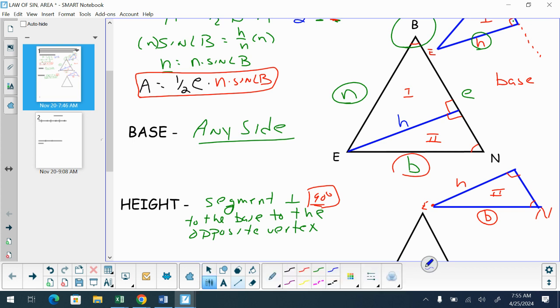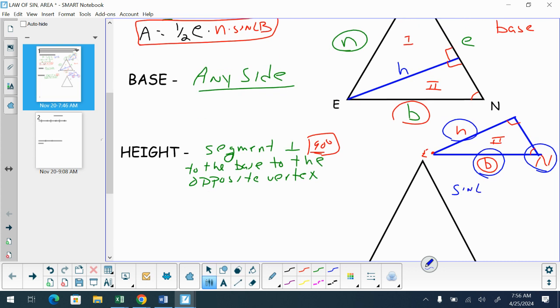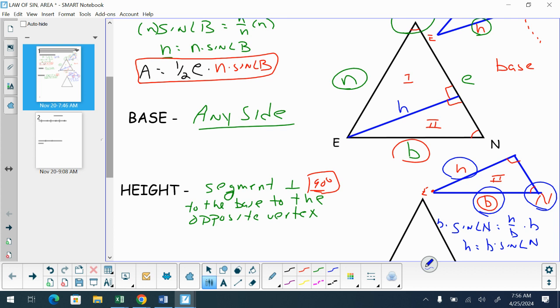So once again, we could go back and ask ourselves, which trig ratio, once again, would relate angle N to H and B? Sine again. The sine of angle N is equal to, once again, H over B. We can multiply both sides by B, so H is equal to B times the sine of angle N. So up here, we can write a second equation.